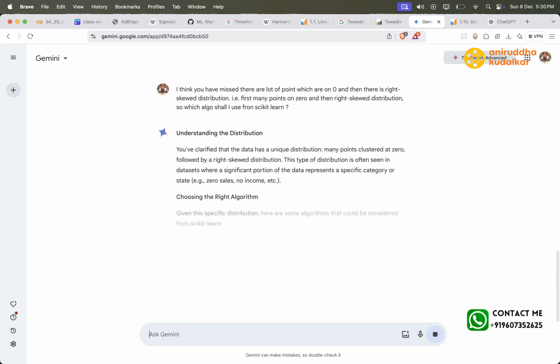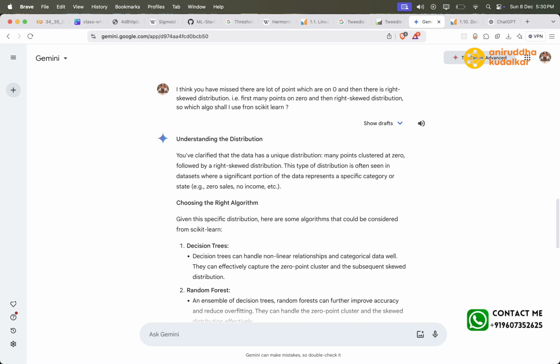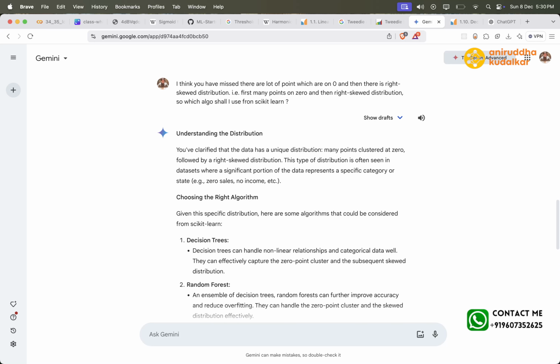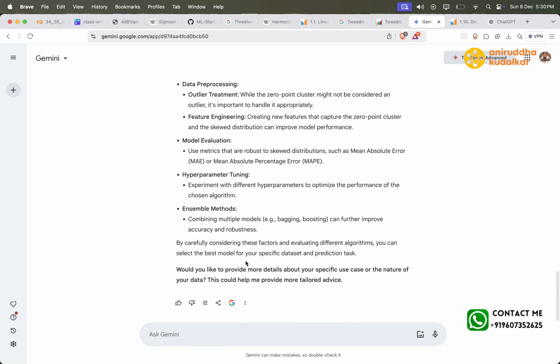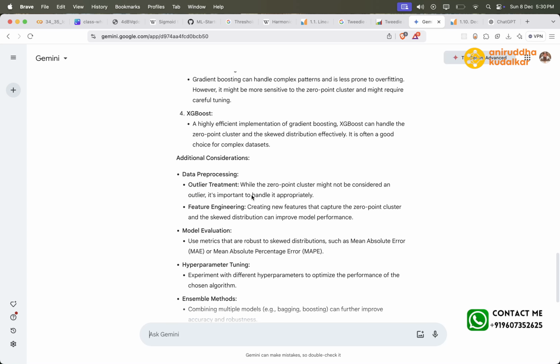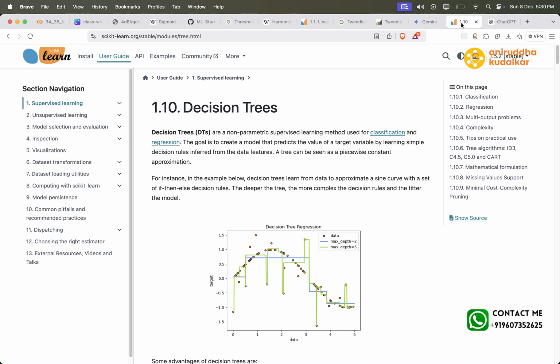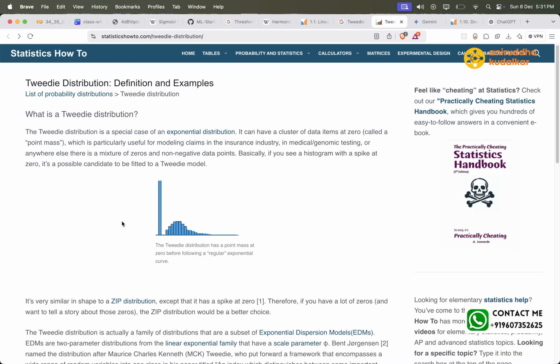Now let us see. It has not understood that. Now see, it is giving you wrong things. It is saying that this guy is an outlier. If you consider this as an outlier, you will get the wrong results. This could be an outlier if the values at this 0 were less than this height or inside this height, right?